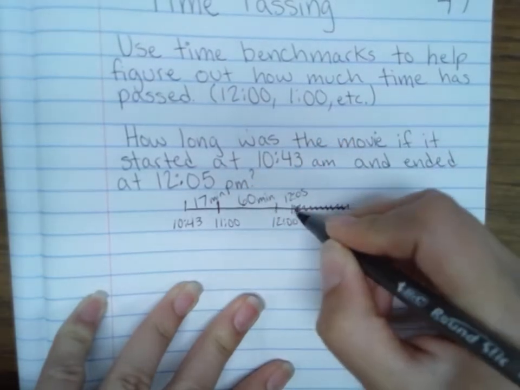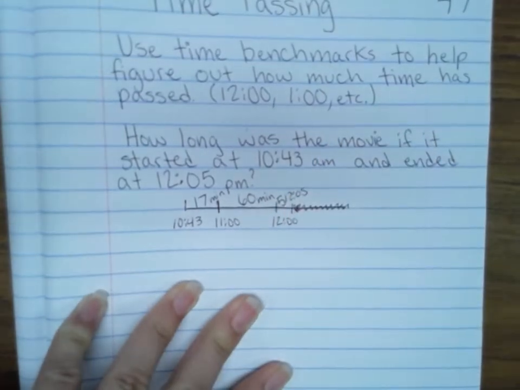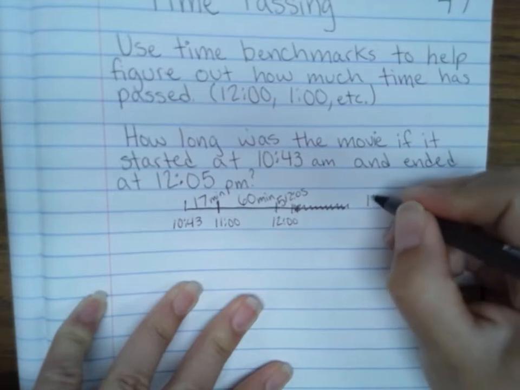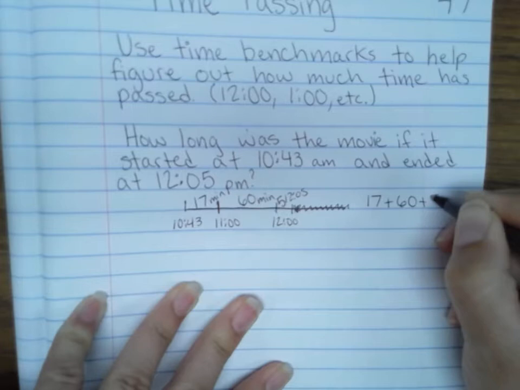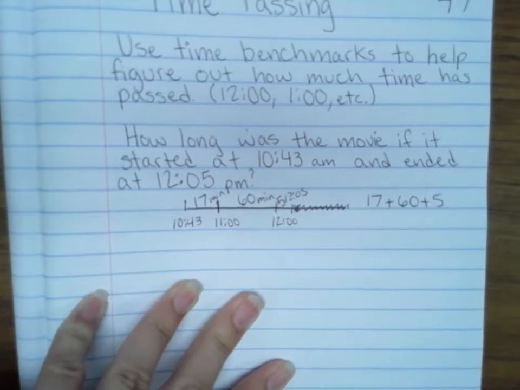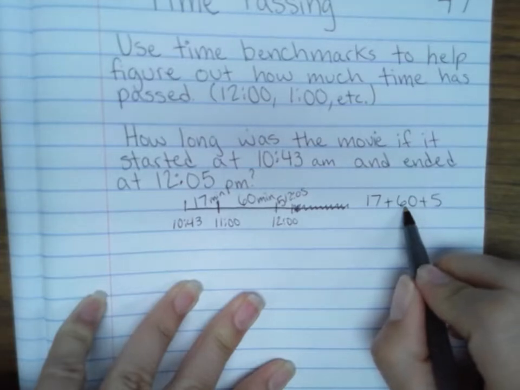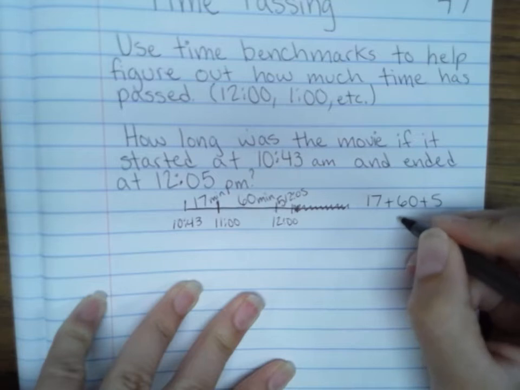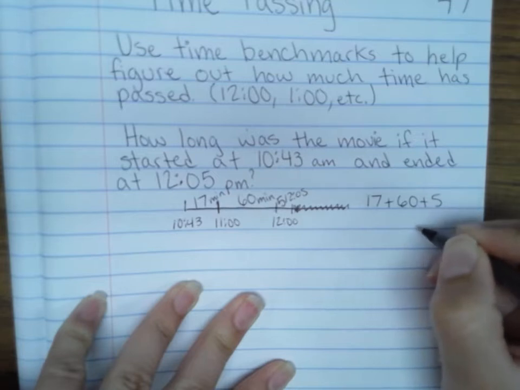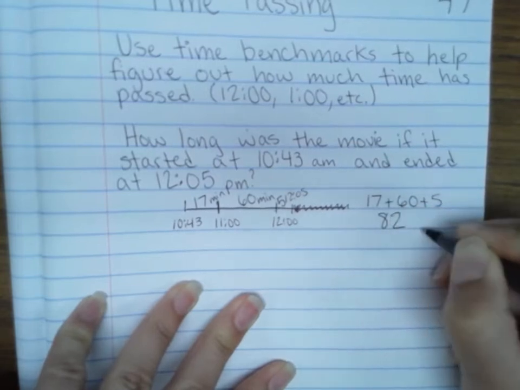And then from 12 to 12:05 was 5 more minutes. So I had 17 minutes plus 60 more minutes plus 5 more minutes. So how many minutes long was that movie? 17 plus 60 would be 77. Plus 5 more would be 83. No, 82. So the movie was 82 minutes long.